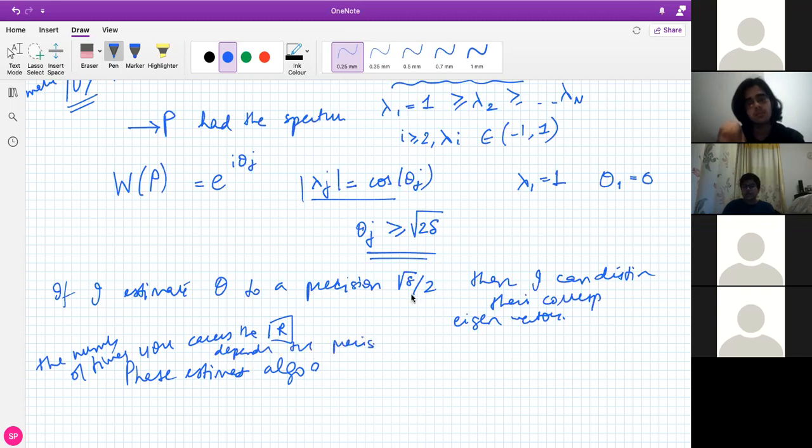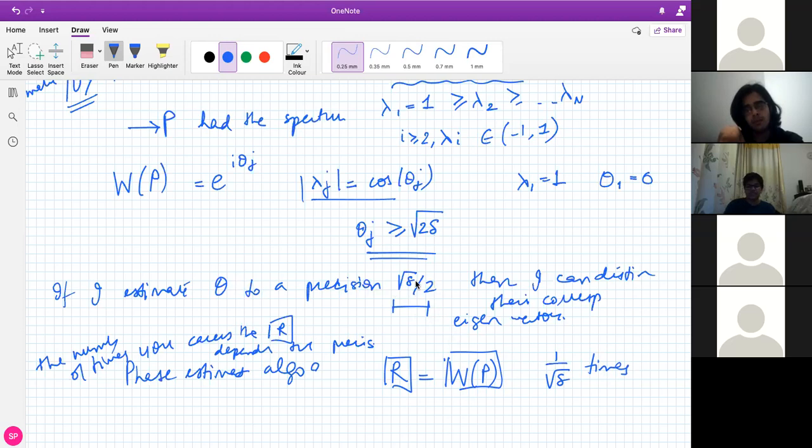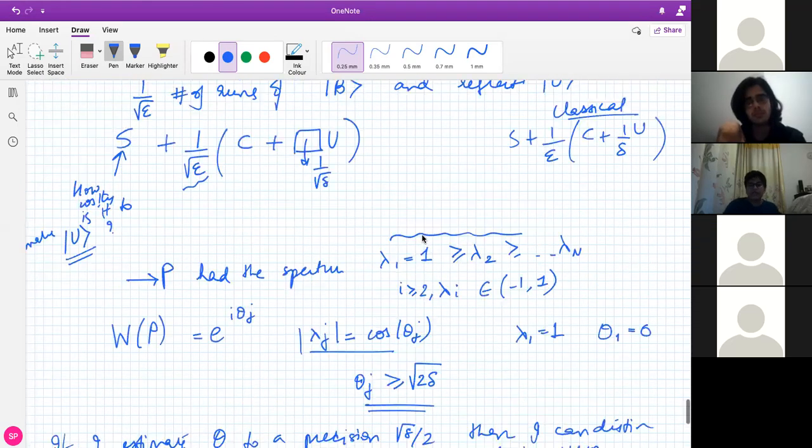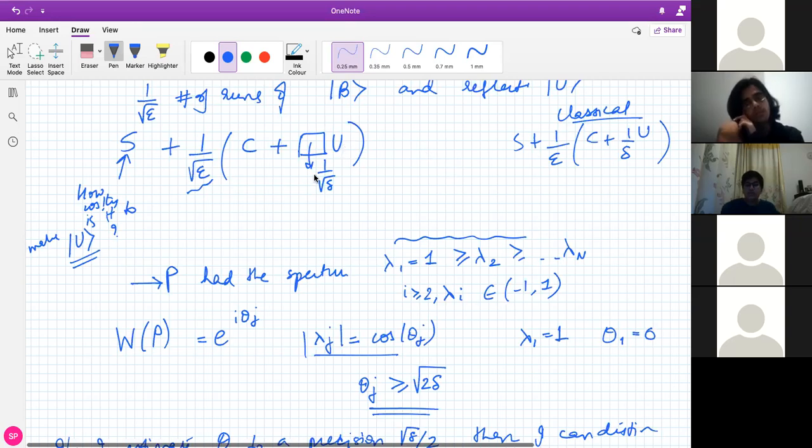So if I want a precision of this, then I need to apply this R, or in our case, the WP unitary, 1 by root delta times. Then I can get a value of theta to this precision. So that's why the number of times I do my quantum walk is this 1 by root over delta.